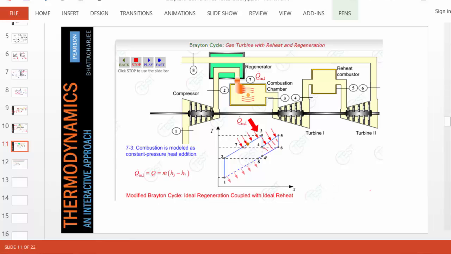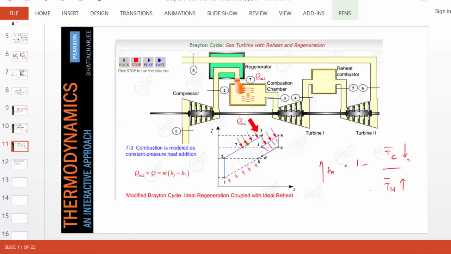Heat addition is taking place from 7 to 3 and 4 to 5, whereas heat rejection is taking place at 8 to 1. And for the same reason we have been talking repeatedly, if we can increase the TH bar and reduce TC bar, efficiency goes up.